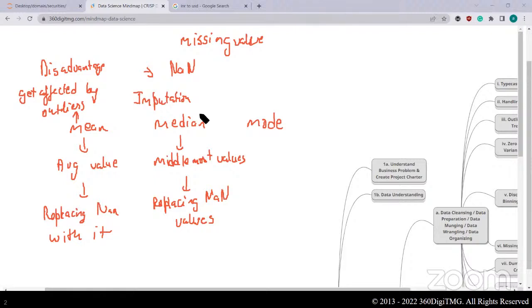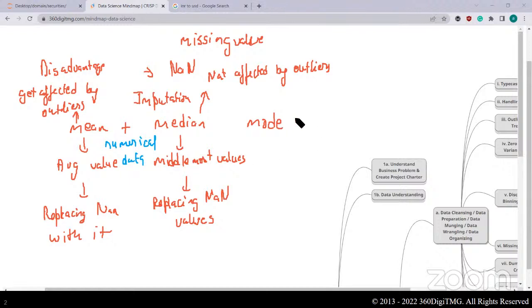And the advantage of this is that it is not affected by outliers. All right. So that is the advantage of median imputation. Now mean and median imputation can only be done on numerical data. Obviously, you cannot find the average value for a string, right? So that is why we do it only for numerical data.